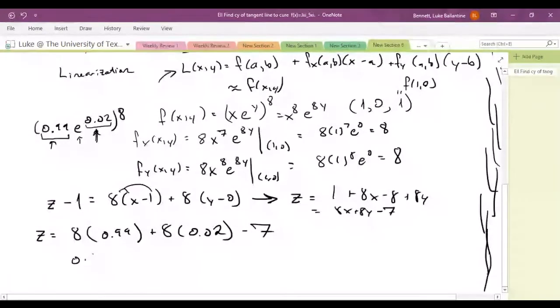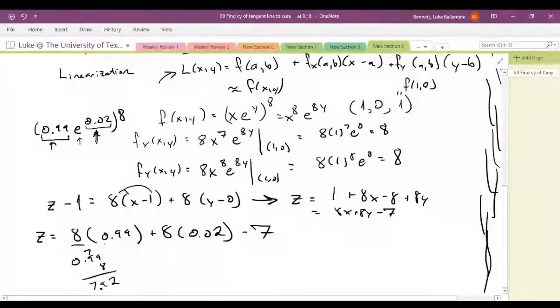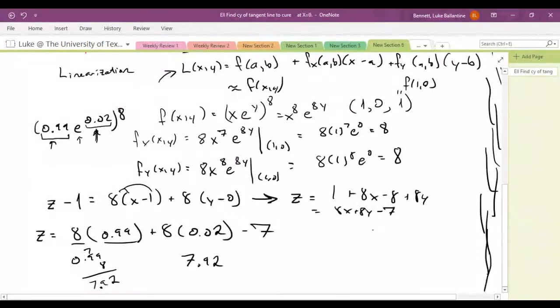Okay, so we have 0.99 times 8. So 8 times 0.99 is 7.92. We have 8 times 0.02. This is 16, move it over 2 decimal places, so 0.16.